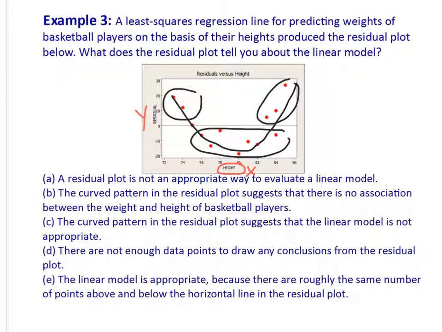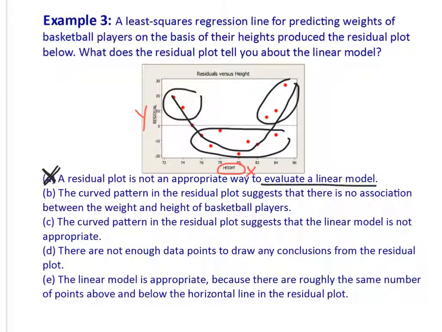Let's see which answer choice makes the most sense. Answer A says the residual plot is not an appropriate way to evaluate a linear model. Well, that's why we make residual plots, to evaluate a linear model. So A is not correct, because this is the definition of why we make a residual plot.